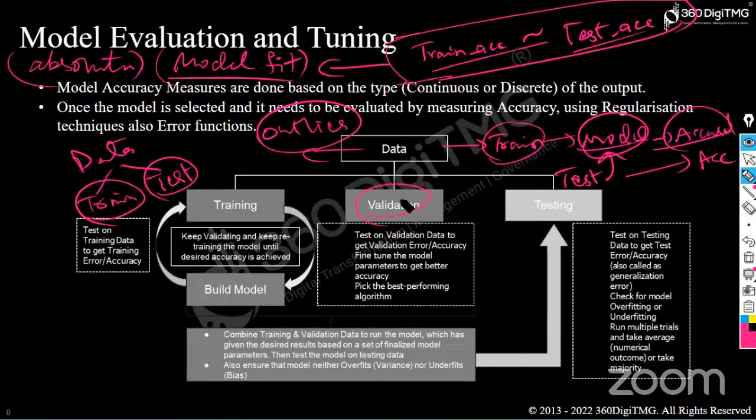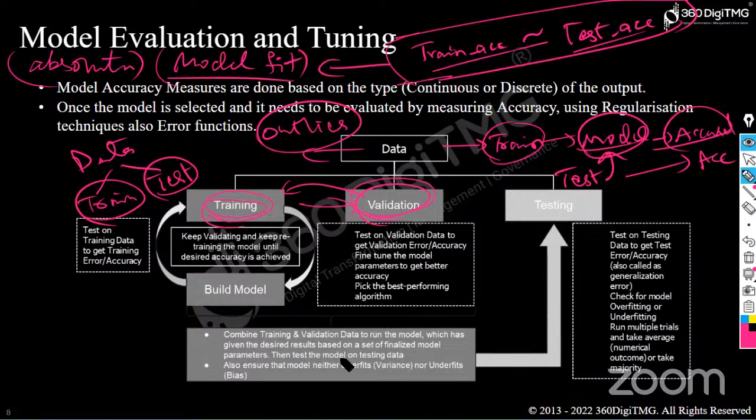Validation is done with data which has been left out as part of training. That data is used to check performance, and this will give better accuracy.